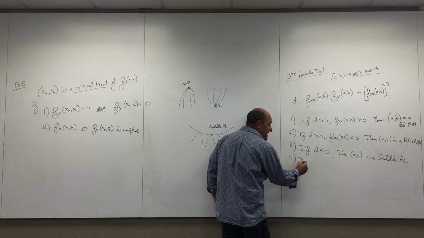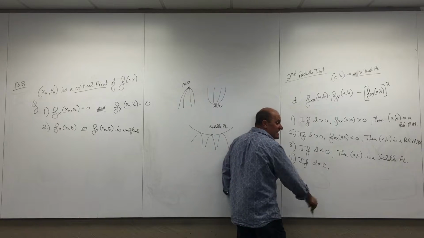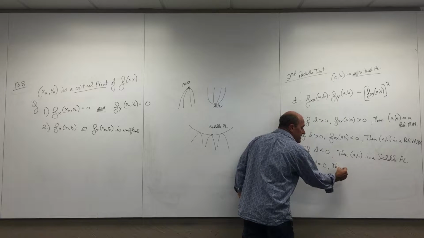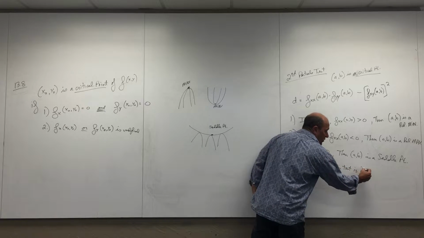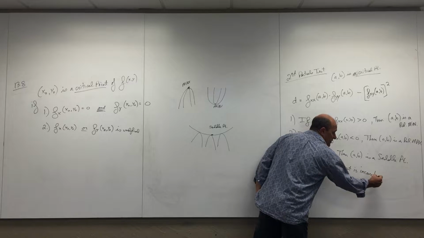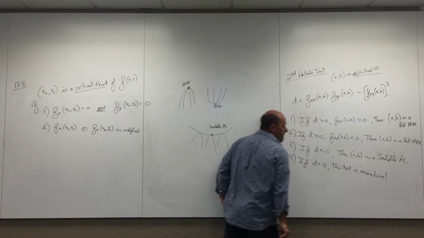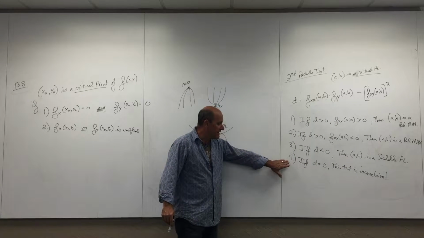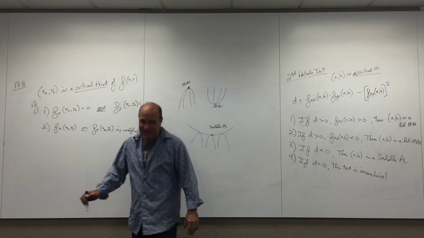And finally, if D comes out equal to 0, this test is inconclusive. That means I don't know if it's a min or a max, or what it is. That rarely happens to us. I like regular problems that have answers.